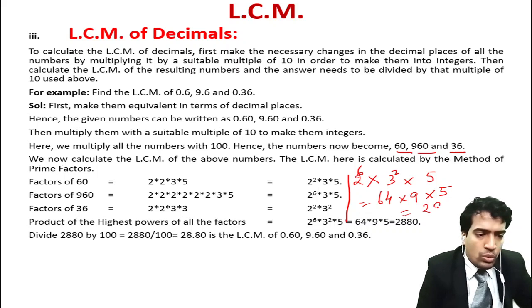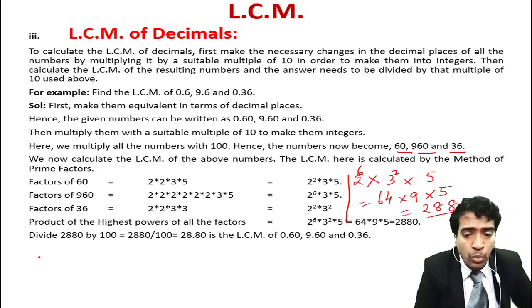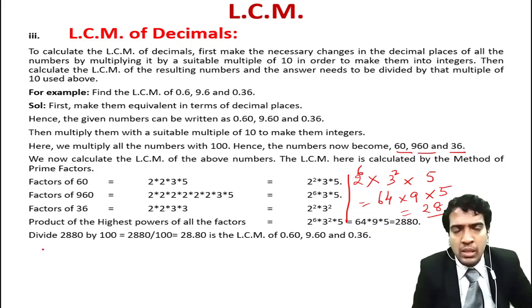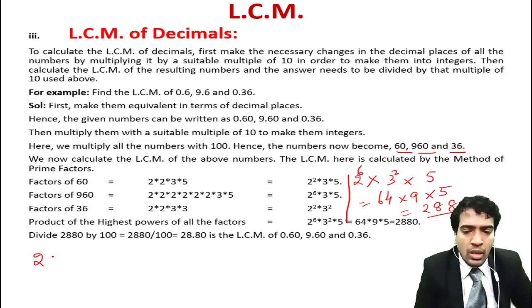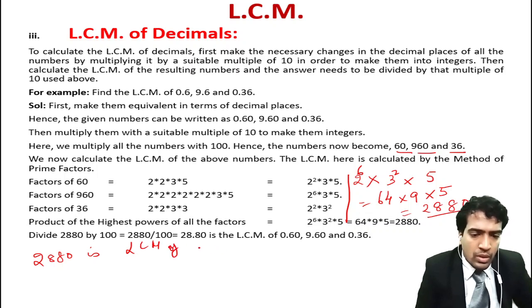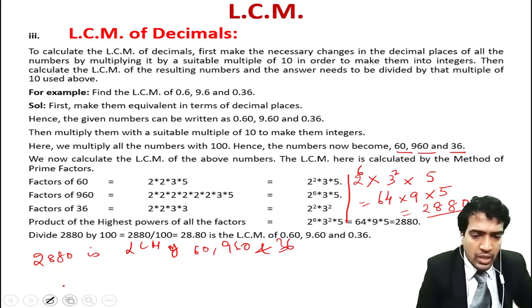So this will be 2880. But since you have bloated these numbers by a factor of 100, you need to divide by that very factor to get the answer for the decimals. So 2880 is the LCM of 60, 960 and 36.